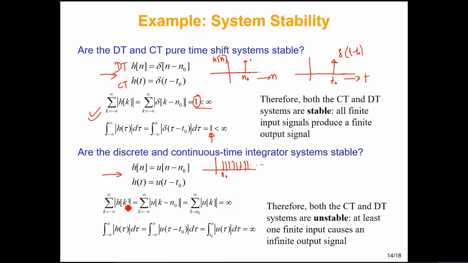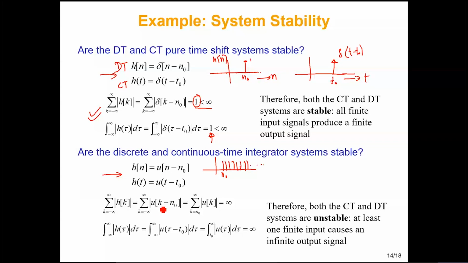Otherwise also, if we just take the sum of h of k for k equal to minus infinity to infinity and replace the h of k value from here, so h of n is this, h of k would be u of k minus n naught. So this is again a step. Whenever we have a step inside a summation or integration, it just changes the limit. So what limit change will it give?